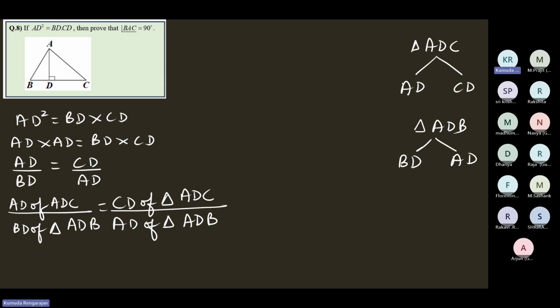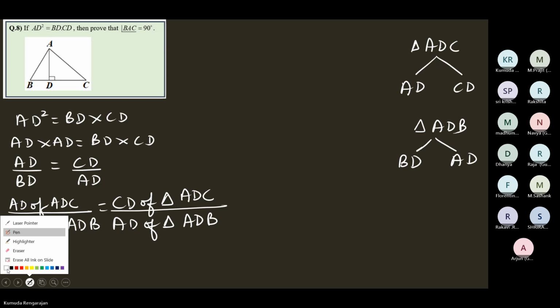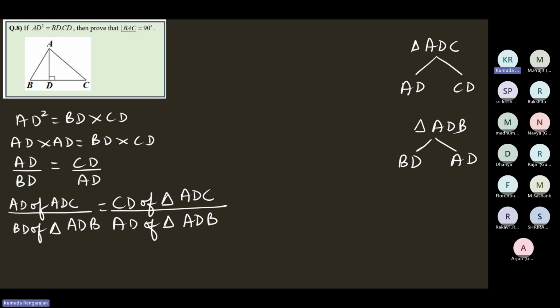So we need to find the included angle of AD and CD, this one, children, and then of BD and AD, this one. Correct? Writing something equal to something is not meaningful. You need to find the angle contained by these two sides.